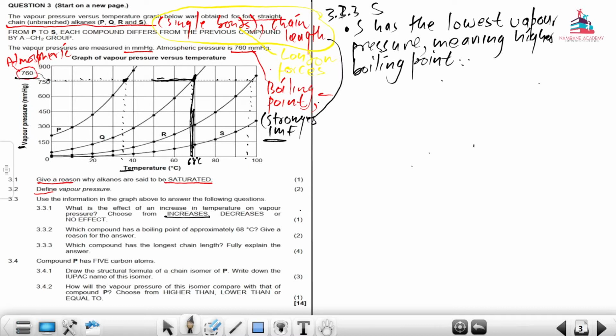That is key. So now that we know that S has the lowest vapor pressure, it has a higher boiling point.